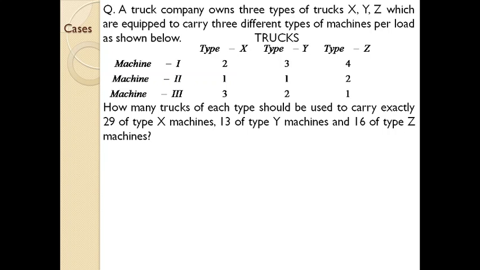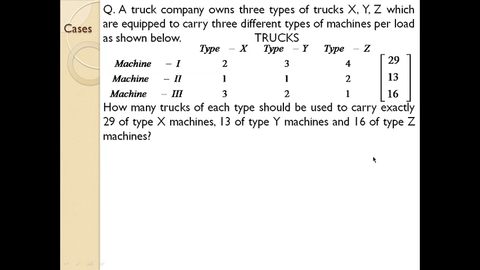And here you are asked to find how many trucks of each type are used to carry exactly 29 of type X machines, 13 of type Y machines, and 16 of type Z machines. So you need to find X, Y, and Z. The details regarding the second paragraph can be written in the form of a matrix like 29, 13, and 16.